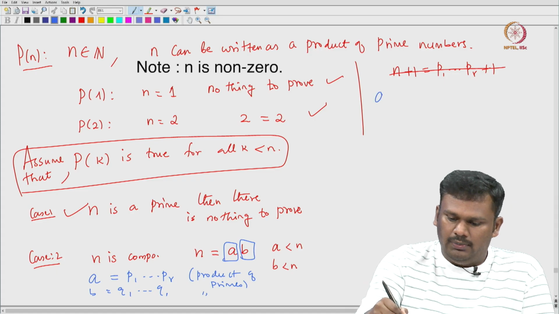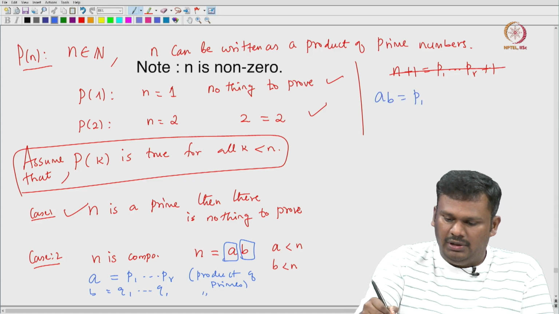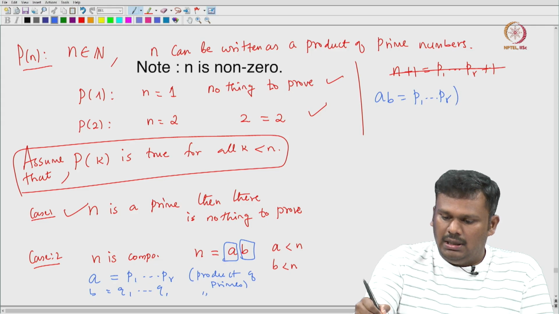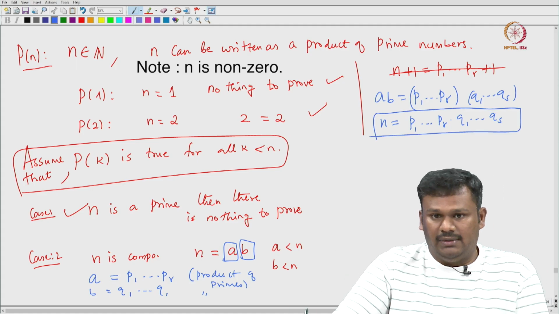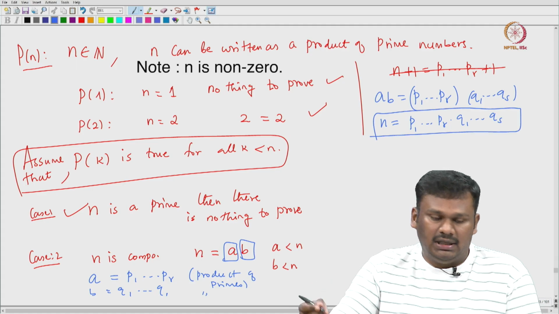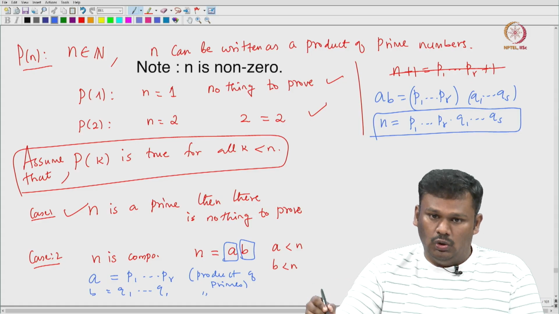So, if you put them together, a b becomes p 1 etcetera p r times q 1 etcetera q s. That means n is exactly given by this product, so this proves n is also a product of primes. So, here mathematical strong induction helps us more.